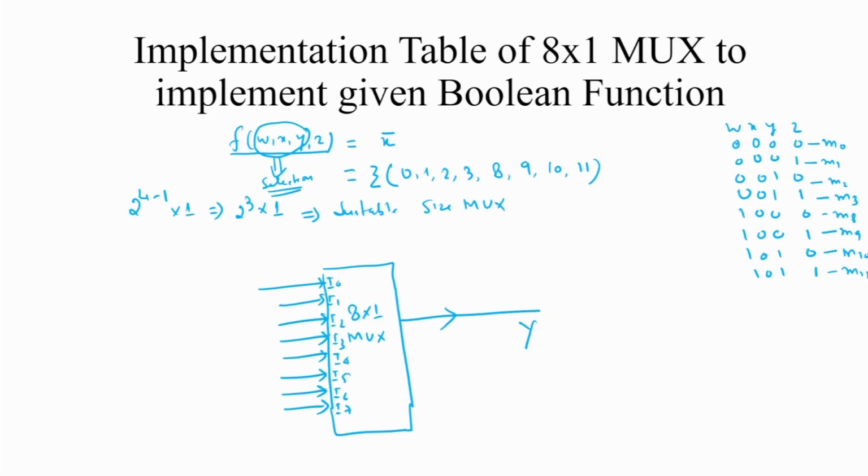This means the least significant bit Z goes through the data inputs. Generally we take any 3 variables as the selection lines and the one remaining variable goes through the data lines, but generally we take either the least significant bit as the data input or the most significant bit as the data input.